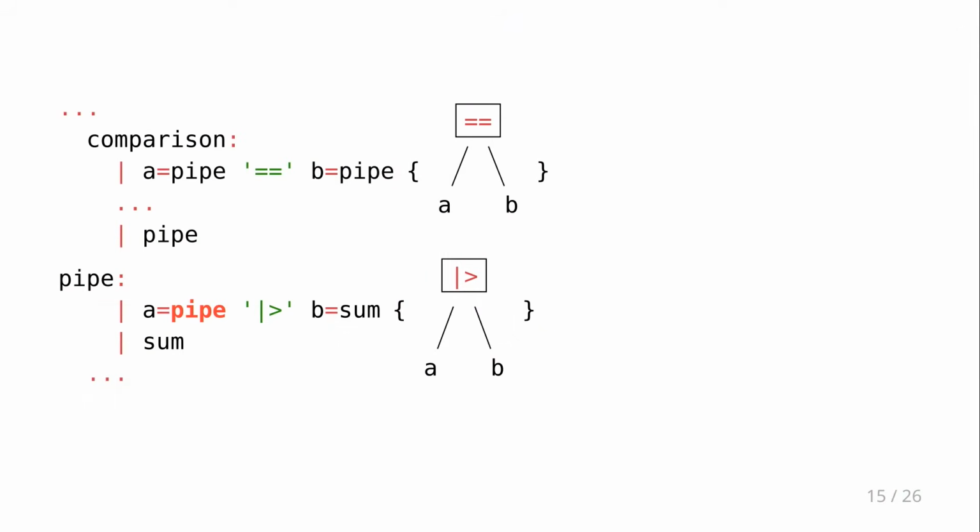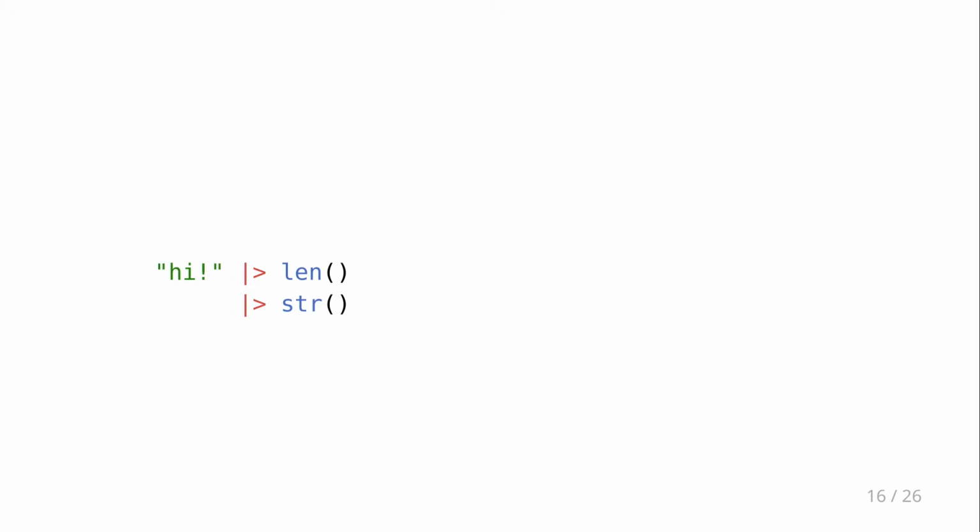Now, this is super important if we want to write code with multiple pipes, one after the other in it. If I want to write some code that looks like this, so we're going to take the high and put it into the length function, and then we're going to take the length and we're going to turn it into a string, we need to make sure that these things happen in the right order. I want to pipe the high into the length before I do the result of that into the string.